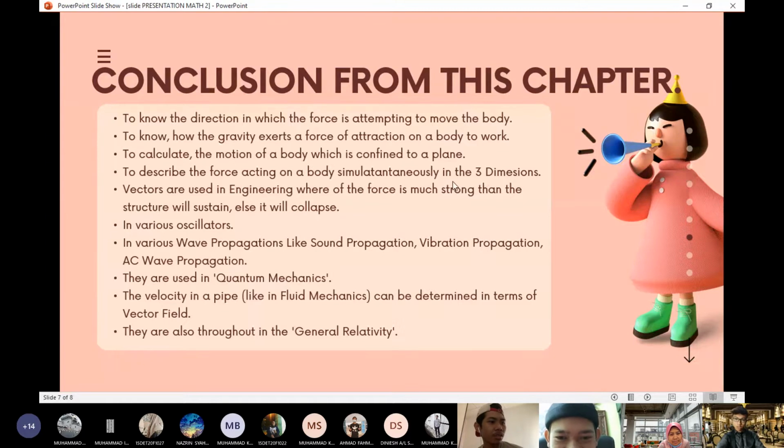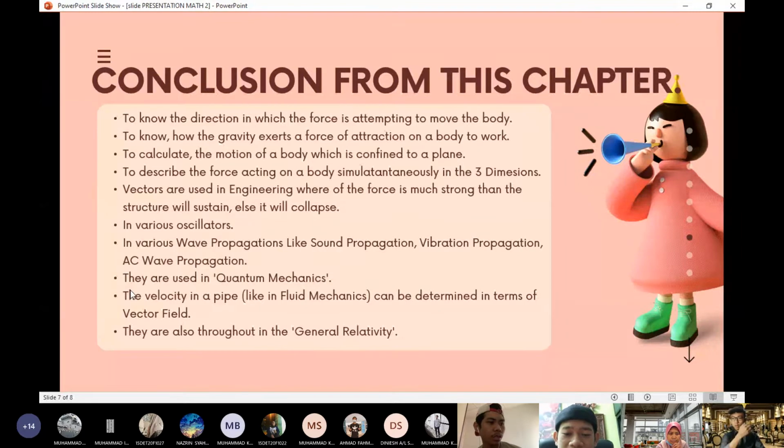Vectors are used in engineering where, if the force is much stronger than the structure will sustain, it will collapse. They are used in various oscillators, in various wave propagation like sound propagation, vibration propagation, AC wave propagation.